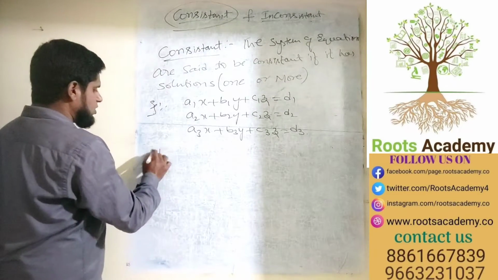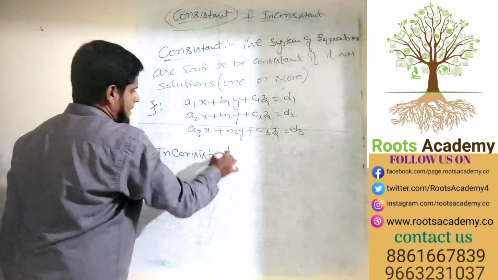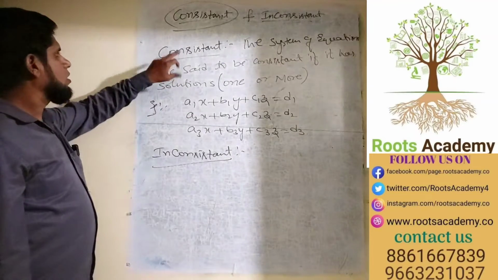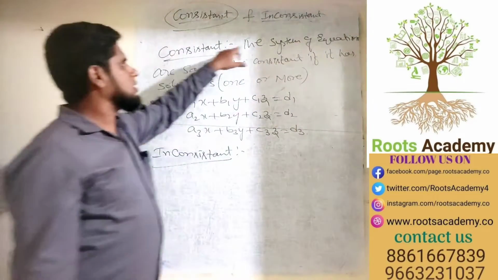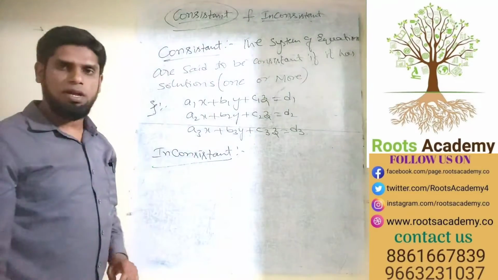The next definition is inconsistent. Now students, in the consistent topic we discussed that a system of equations has solutions.